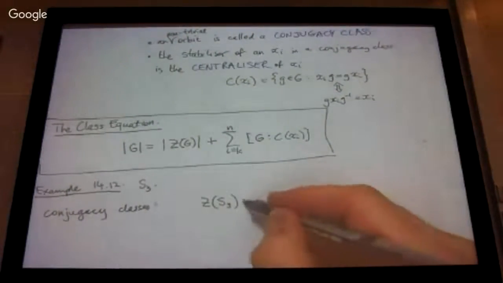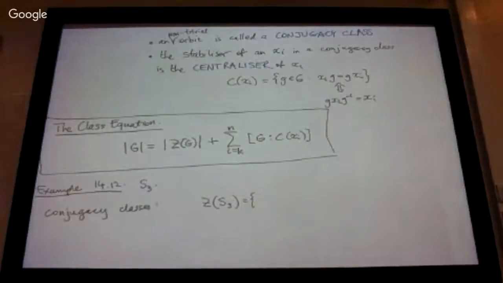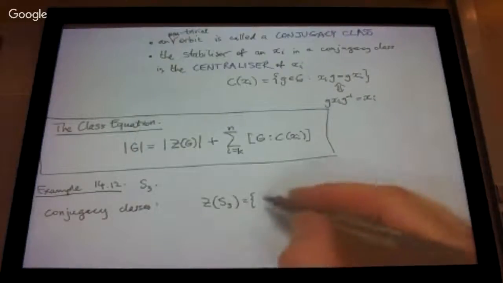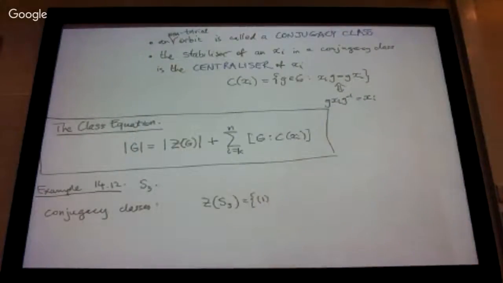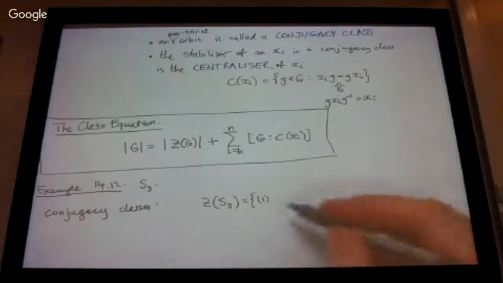What commutes with everything else in S3? The identity always does. But nothing else.